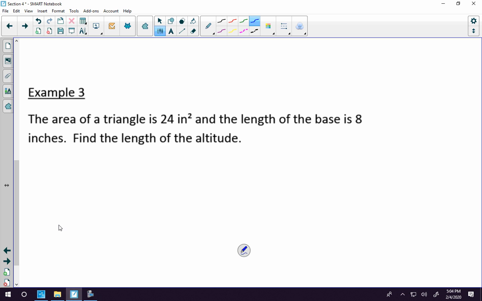In example 3, it says the area of a triangle is 24 square inches, and the length of the base is 8 inches. Find the length of the altitude. So it's a triangle. We're going base times altitude over 2, or area equals 1/2 base times altitude. Either one is fine. We know the area is 24 square inches, so substitute properly. So we get 24 equals. We know the length of the base is 8.